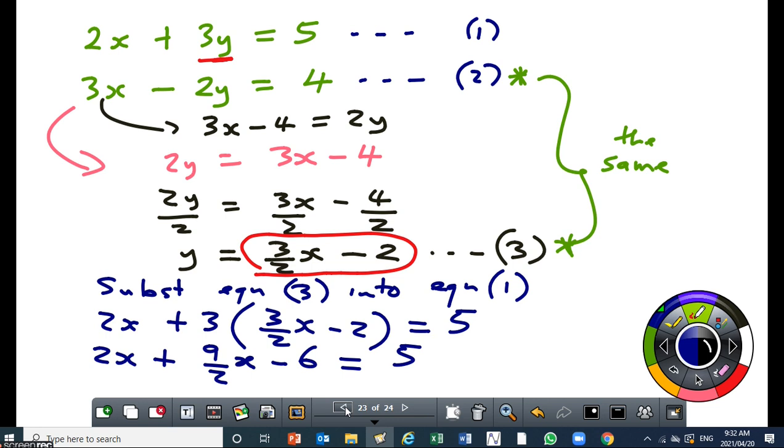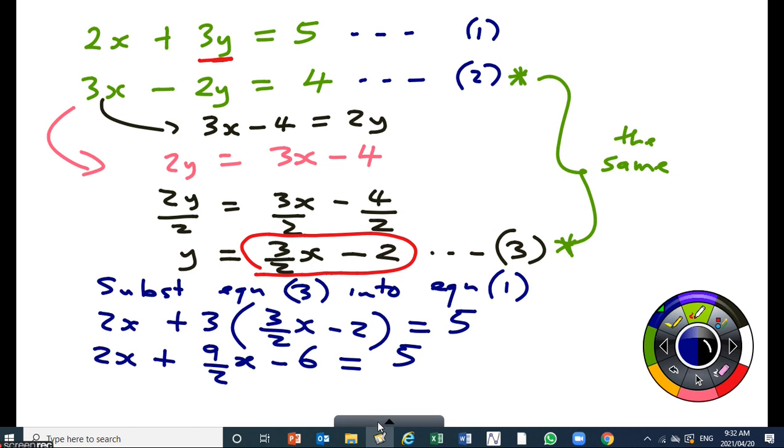Let me write that step to avoid confusion. So if I add 2x here, remember the denominator there, it's a 1. Don't forget that. The denominator of this 2x here is a 1.